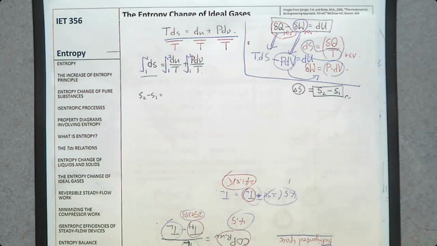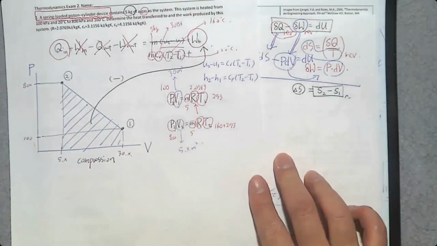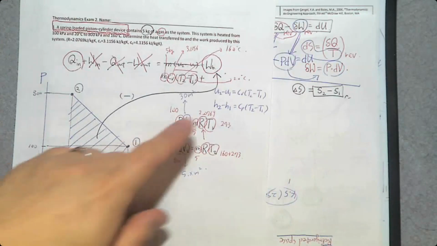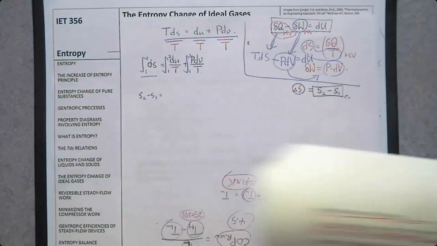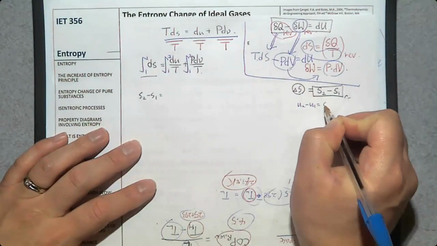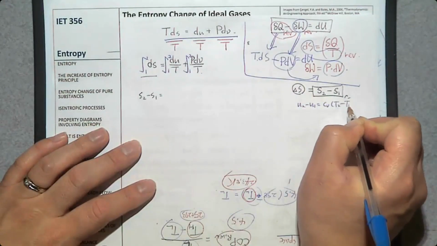Yeah, there is one: u2 minus u1 is Cv times (T2 minus T1), so you have u and T together. So I'm going to use this equation.